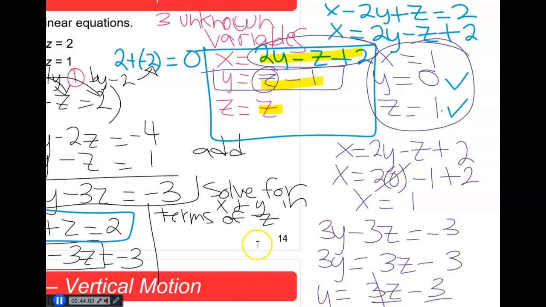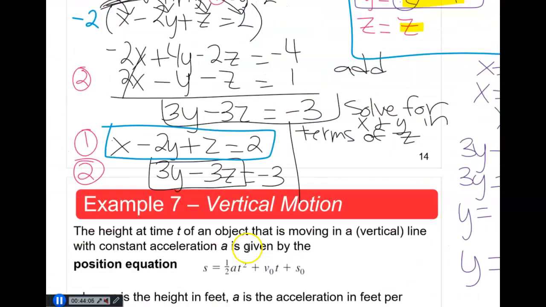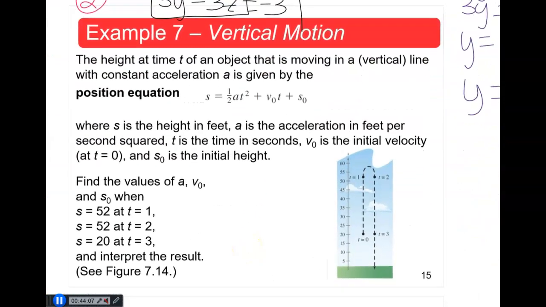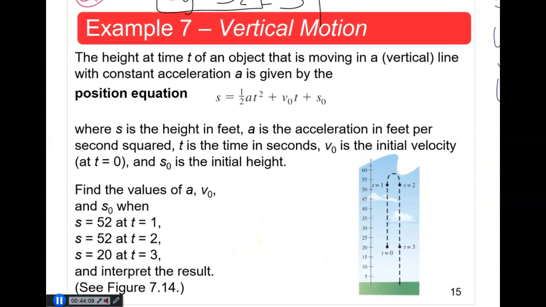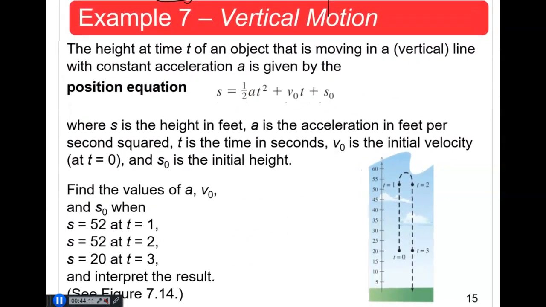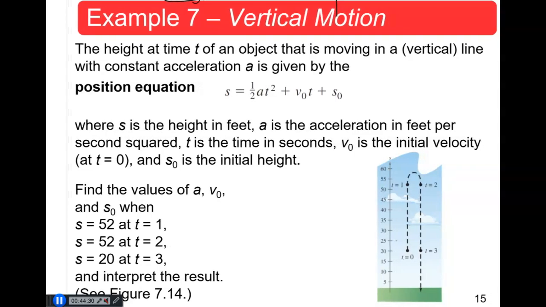Okay, so we're going to move on to our last problem, which is about vertical motion, and this is a very typical problem in physics. It says the height at time t of an object that is moving in a vertical line with a constant acceleration a is given by the position equation. Here, these are the same variables that you will use in physics.